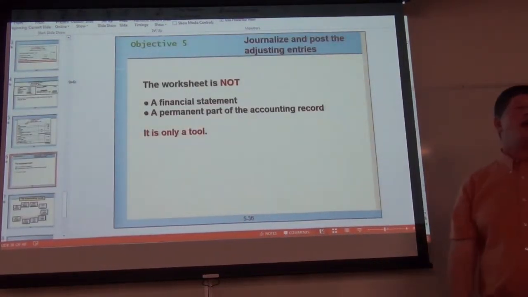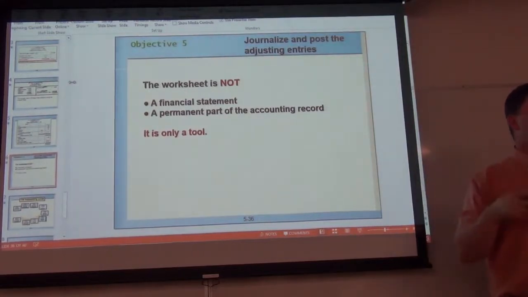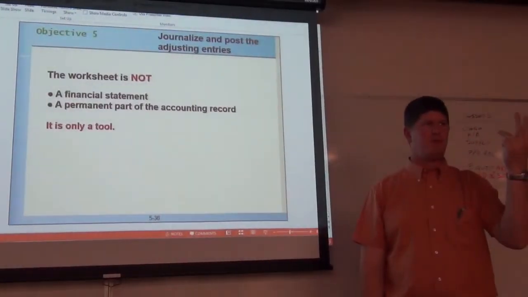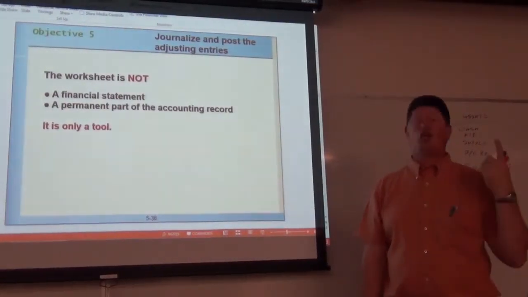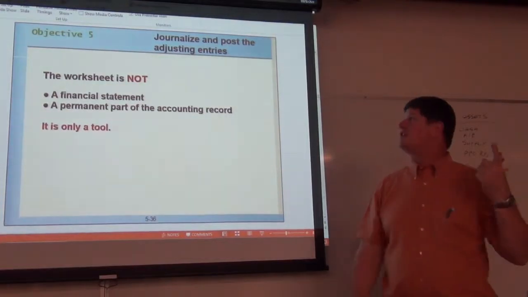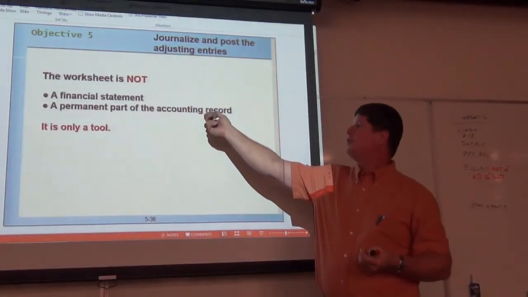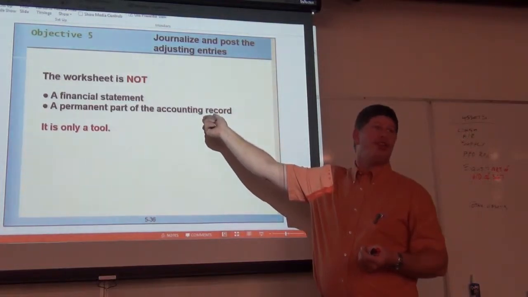Now, remember, the worksheet is not one of the three financial statements. There are only three financial statements: balance sheet, income statement, statement of owner's equity. This says it's not a permanent part of the record. That doesn't mean throw it away.